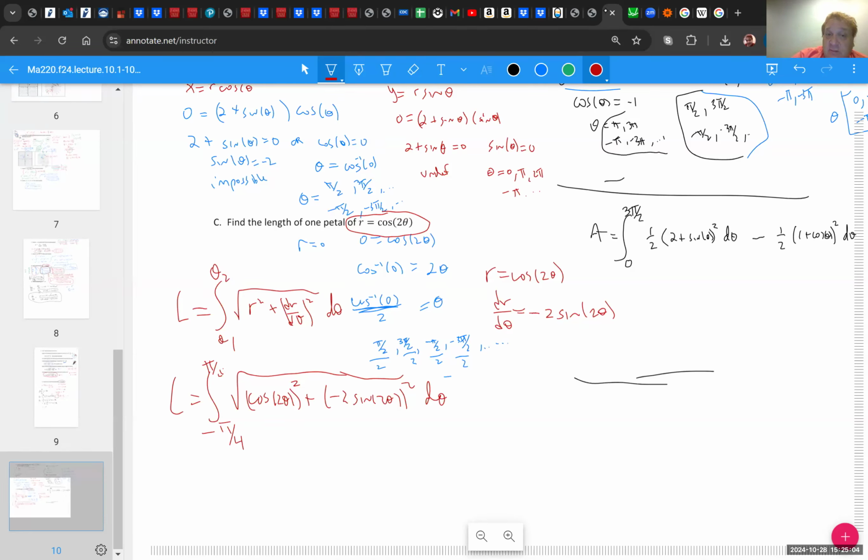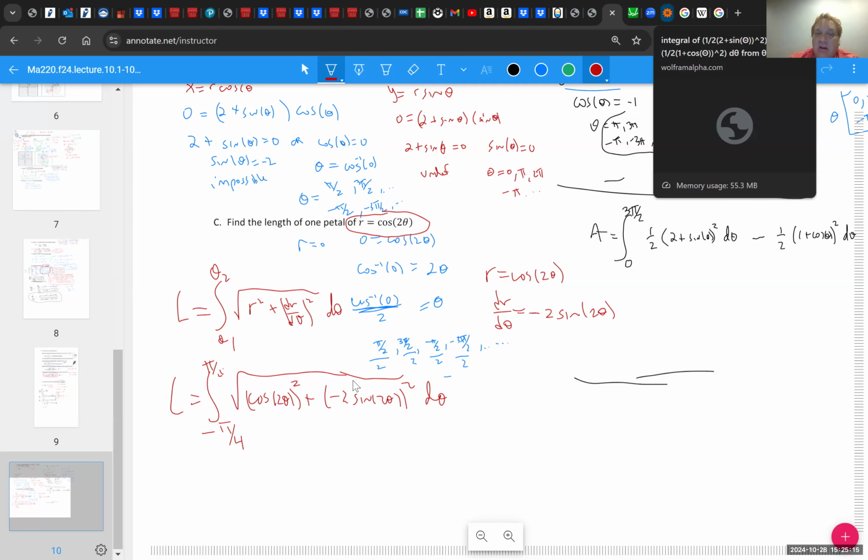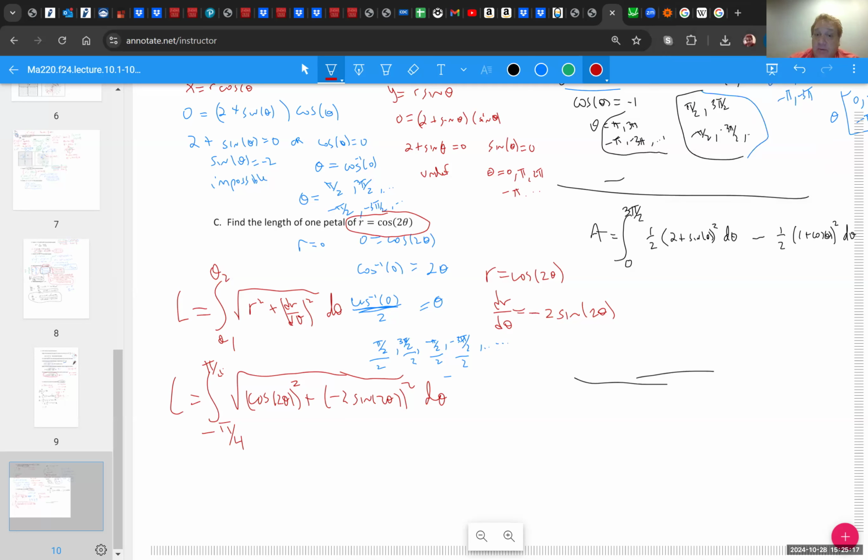That, my friends, is going to be the integral that gives us the length of one petal of this curve. Plug it into a math engine to get an answer. And then we're done. I'm going to pause to plug it in so you don't have to see me fumbling with all my typing and getting it not quite right the first time.